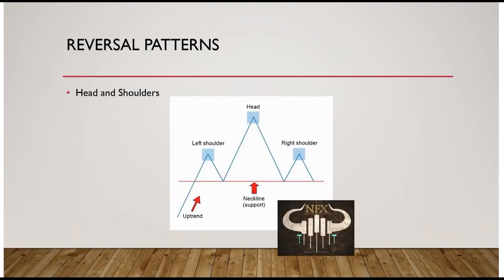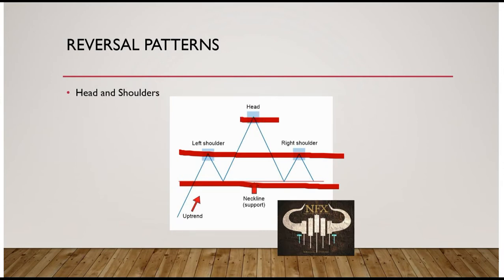The next one we have is the head and shoulders. This one is pretty straightforward. The market is in an uptrend, and then it'll hit a specific resistance, come back down to our neckline, and then it'll pass that resistance and form a new high right here.